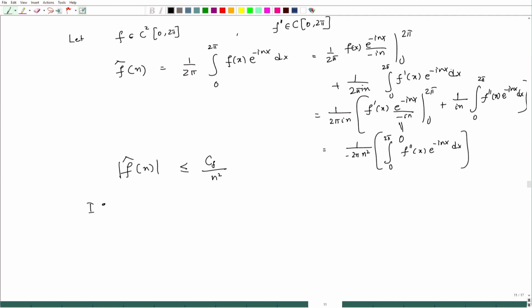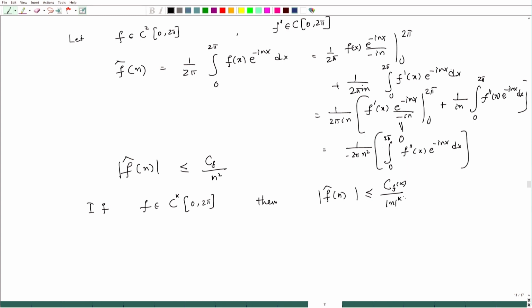If f is in C k of 0 to 2 pi, then mod of f hat of n is less or equal to some constant C f, that will depend, of course, on the integral of mod of the k-th derivative of f, and then divided by mod n to the power k.